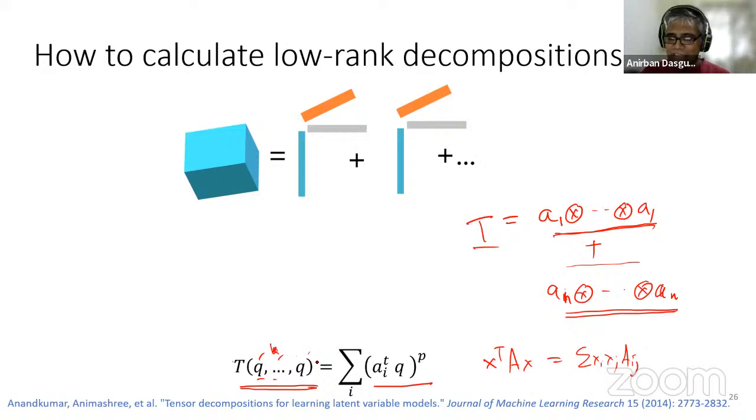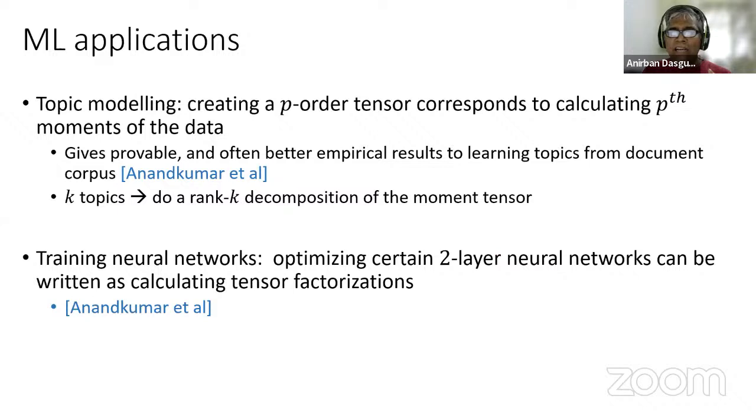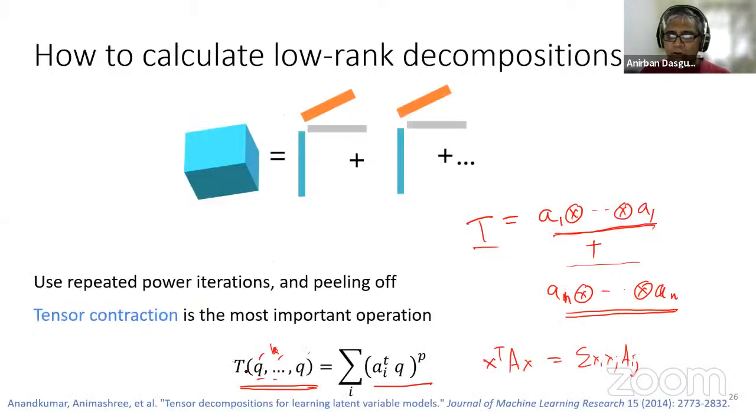That's the same thing you're doing here. Anyway, now, in order to find the first one of these decompositions, you find the Q that maximizes this quantity.